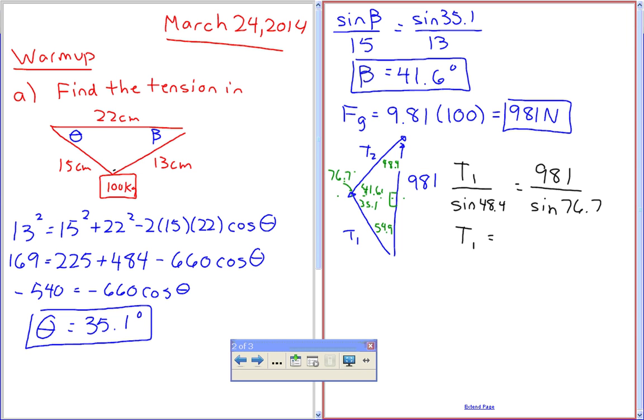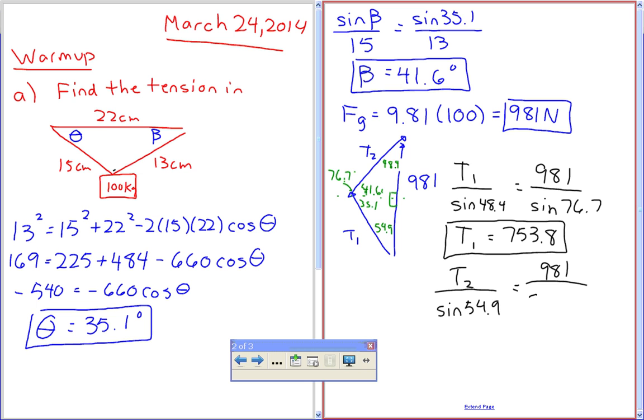Okay, T1 equals. I got 7. Is there a point there? Someone confirm that? Yeah, that's right. Thank you. I'll do the next one. T2 over sine 54.9 is 981 over sine 76.7.